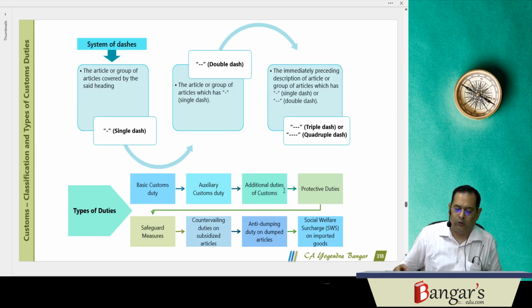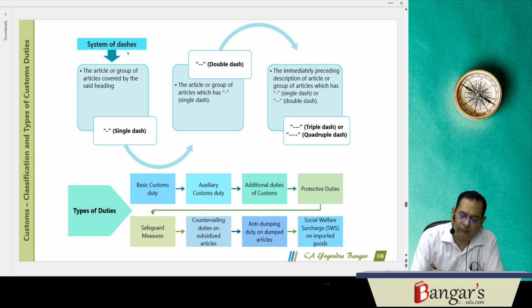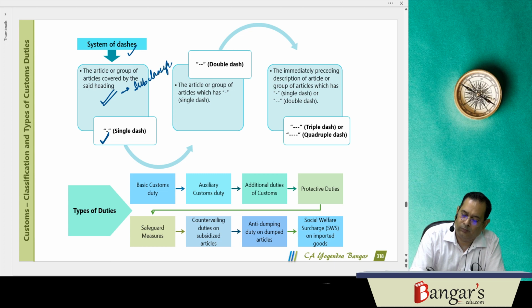As I already told you, the system of dashes. When there is a single dash, the article or group of articles covered by the single dash will be taken to be a subclassification of the heading.